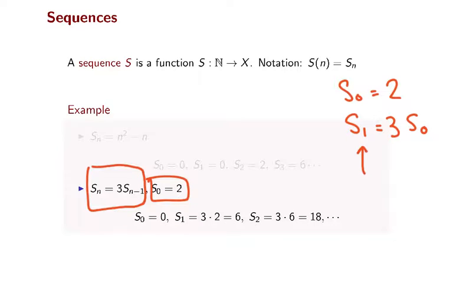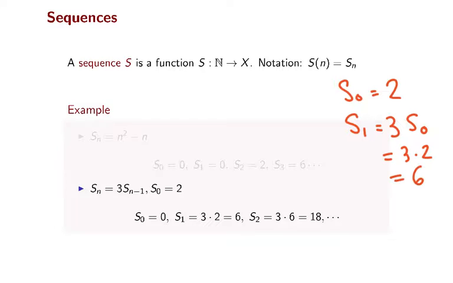S1 is defined in function of the one before, so that's what this means. And as we know that S0 is 2 because that was given, S1 is equal to 3 times 2, and this is 6. So we have now that S0 is 2 and S1 is 6.